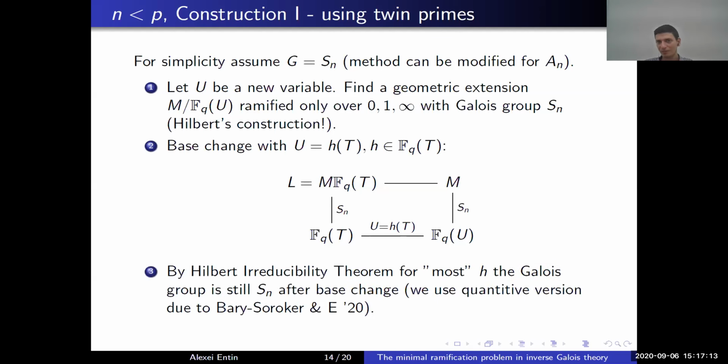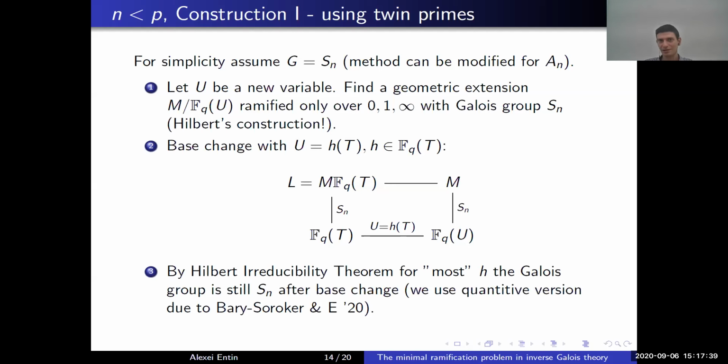And by Hilbert's irreducibility theorem, this extension will typically also have Galois group S_n. And here we actually use a recent quantitative version of Hilbert irreducibility, because we need a precise quantitative form in our argument.